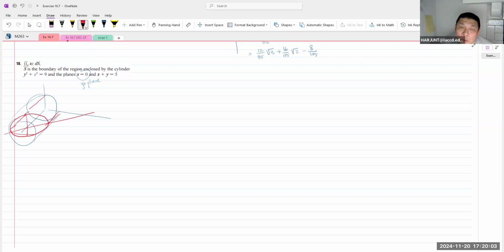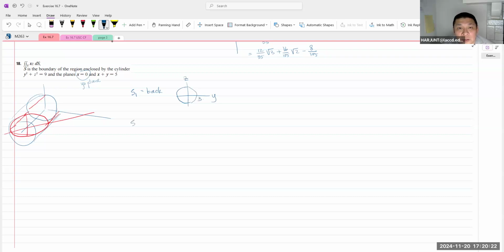Okay, so how do I do that? So let's say we have three surfaces here. Surface 1 is the back, the one that looks like this on the yz plane, radius 3.